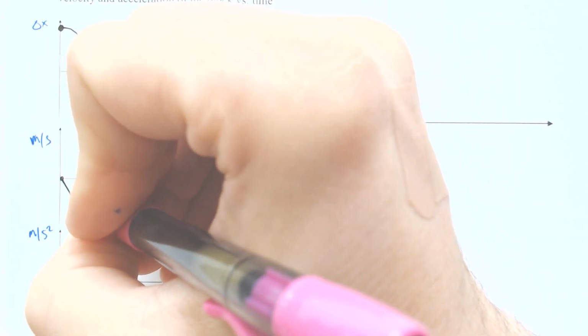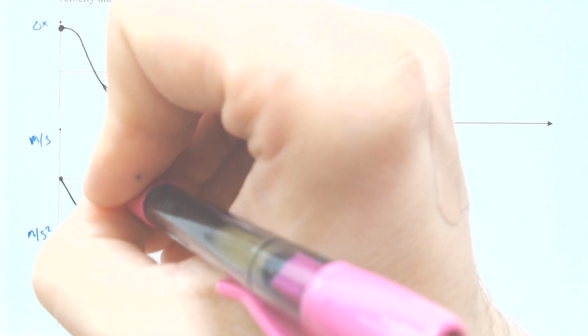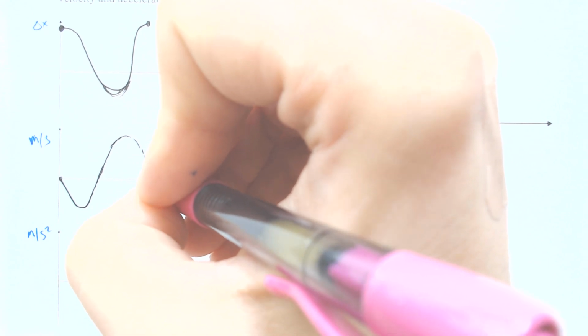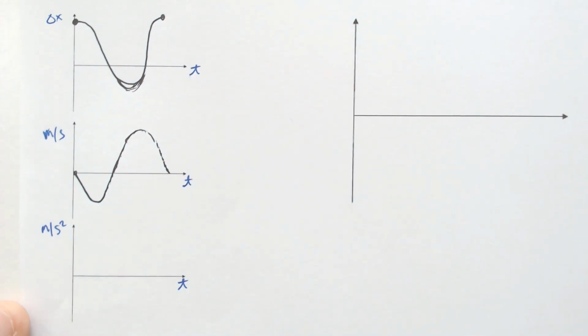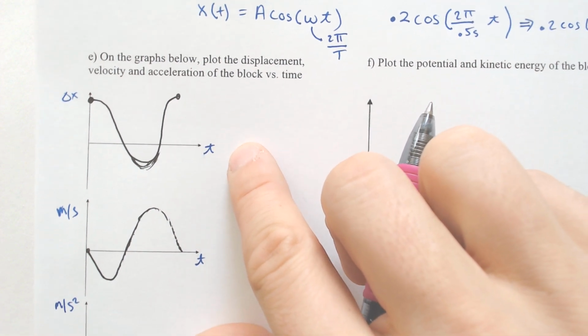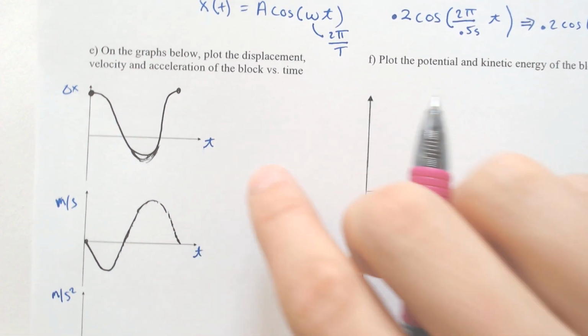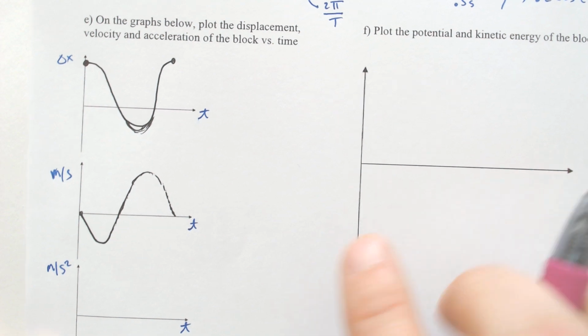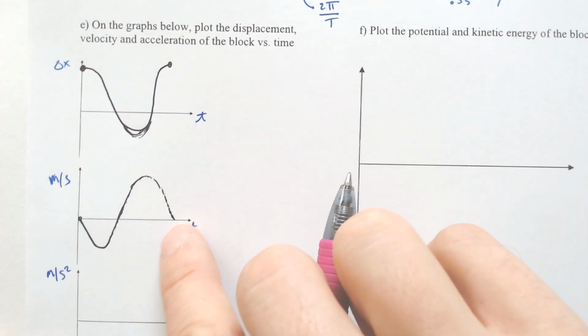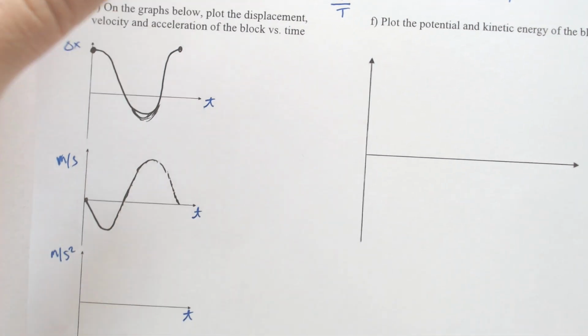And then it started to slow back down, and then it started pulling us to the right, and so on and so forth. So it is actually a sine graph where the displacement is a cosine graph. And for those of you that know calculus, it's actually a negative sine graph. The derivative of cosine is negative sine, so that's where that's coming from.